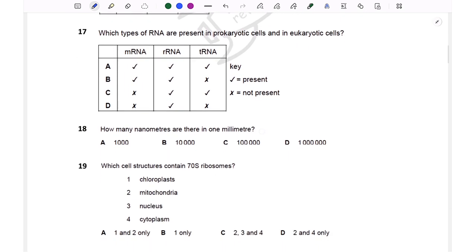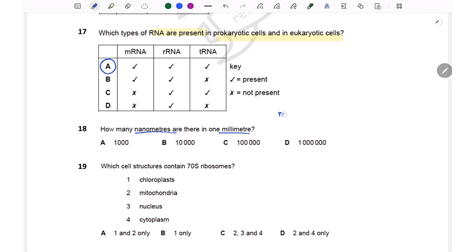Next question. Which type of RNA are present in prokaryotic cells and in eukaryotic cells, in both? So all of them are going to be present, so it's A. How many nanometers are there in 1 millimeter? So go back to the conversions.